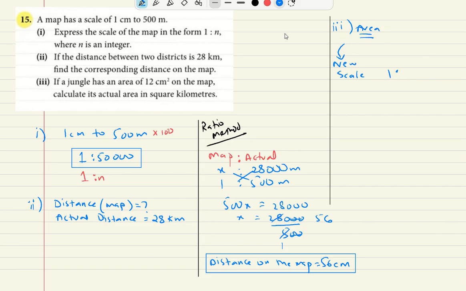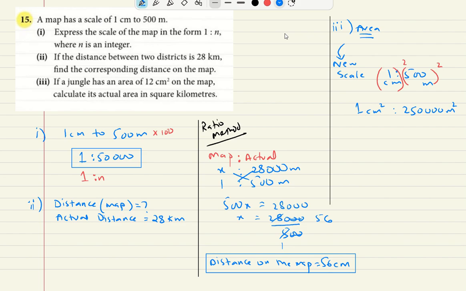आपका existing scale क्या है? 1:500, right? 1 centimeter is to 500 meter is the existing scale. इस पर आप squaring apply कर दें on both sides. So this will become 1 centimeter square, and this will become 250,000 meter square.